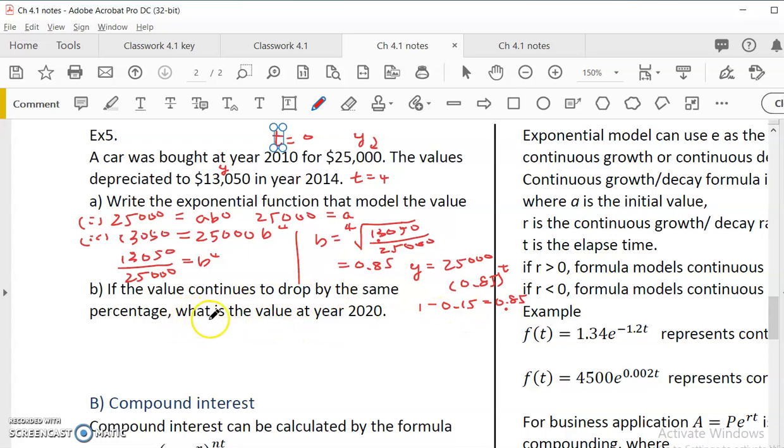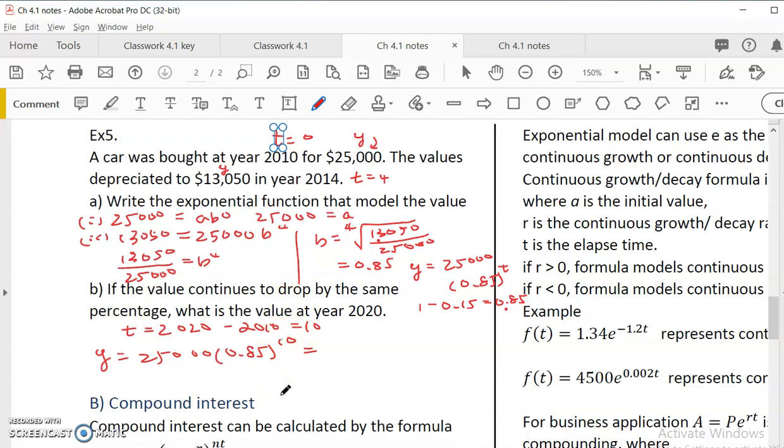The same drop. What's the value at 2020? T would be what? 2020 minus the beginning, 2010. So T is 10. So we just plug in the formula. Y equal to 25,000 to the base of 0.85, to the power 10.